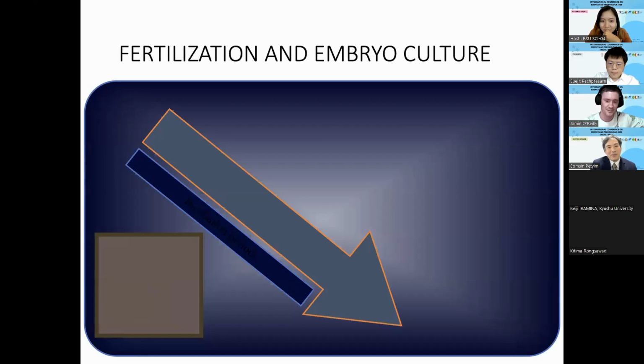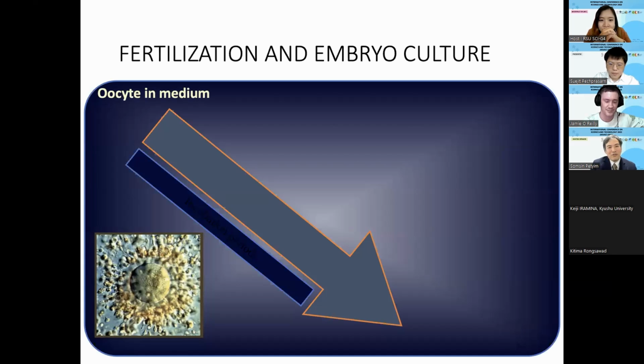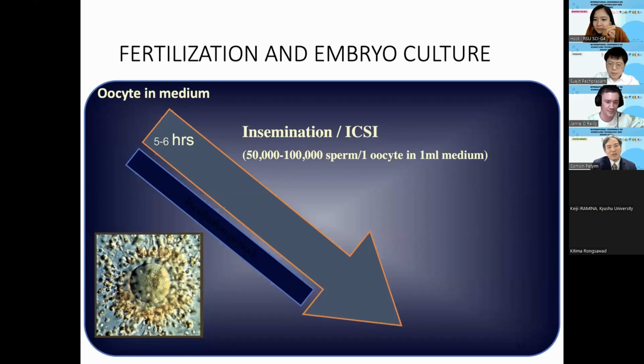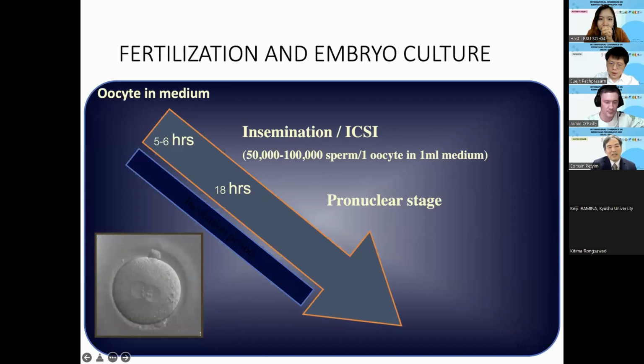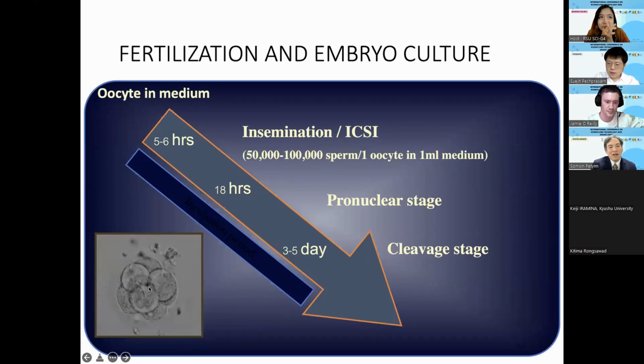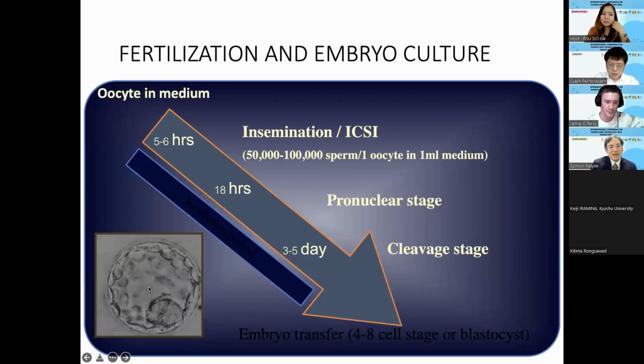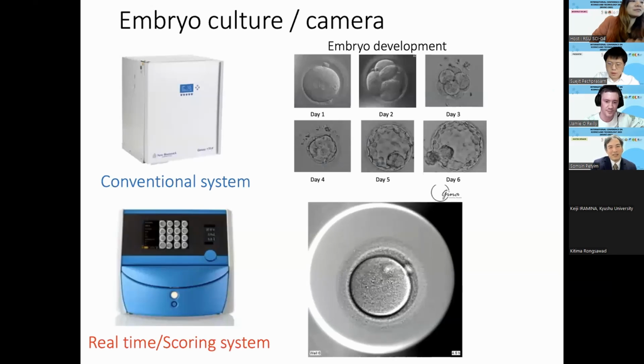When we get the sperm and egg and fuse them together, we do the fertilization, and after 5 to 6 hours of insemination or ICSI, we can see the nuclei of the sperm and egg fuse together, and then they become 1 cell, 4 cells, and show mitosis.